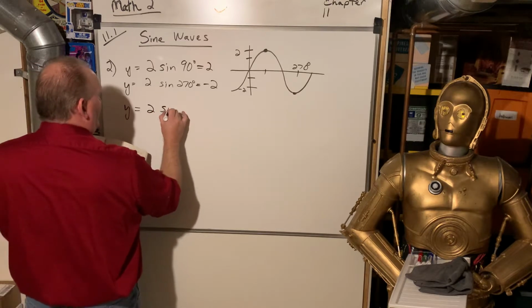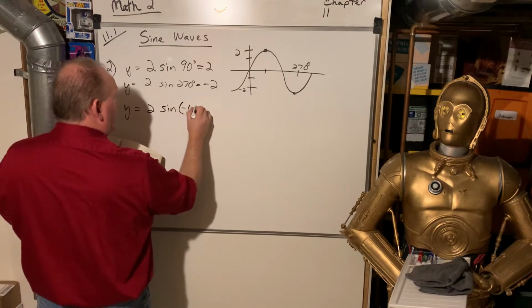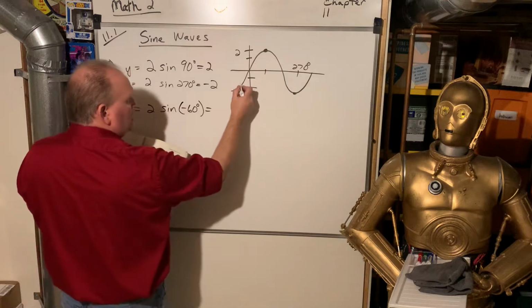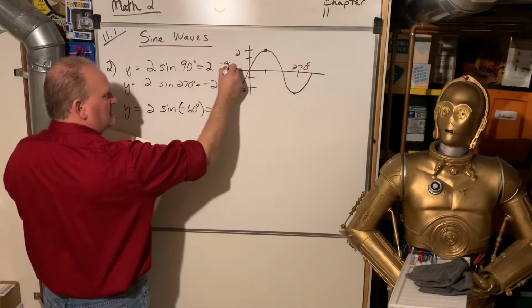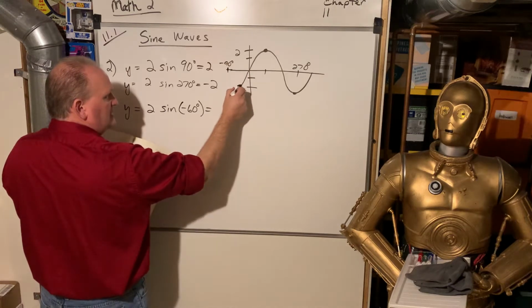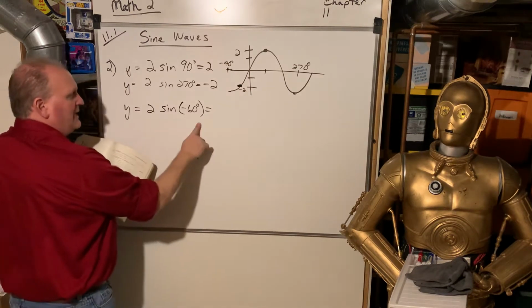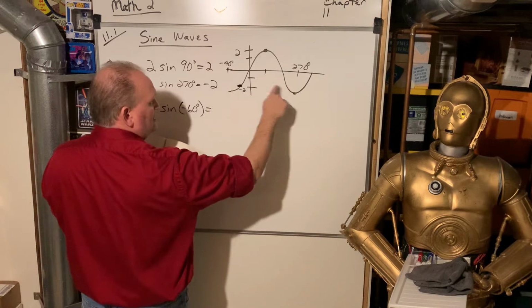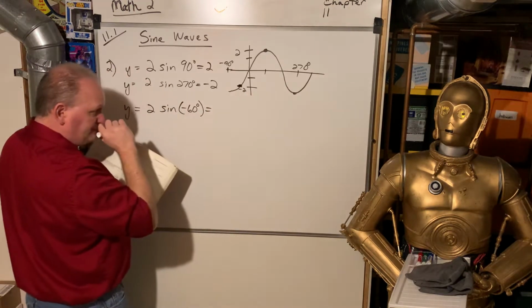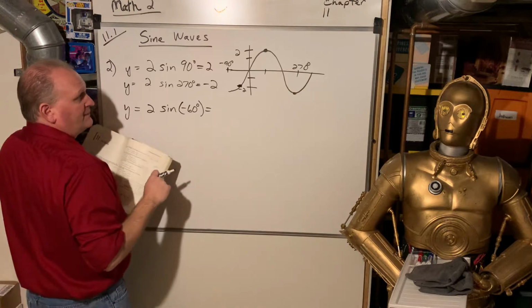And then they ask for 2 sine -60. Now that one you probably don't know off the top of your head, like off of your picture. We just know it's somewhere around here. You know, -90 is here, so -60 is somewhere in there. So you pop that in, 2 sine -60. It would be the same, you know, there's a little bit of symmetry.